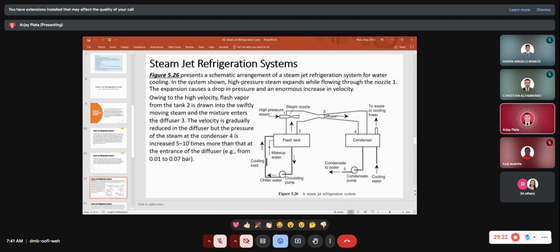So this is our steam jet refrigeration system diagram. This presents a schematic arrangement of a steam jet refrigeration system for water cooling. In the system shown, high pressure steam expands while flowing through nozzle 1. So this is nozzle 1. There is a high pressure here.